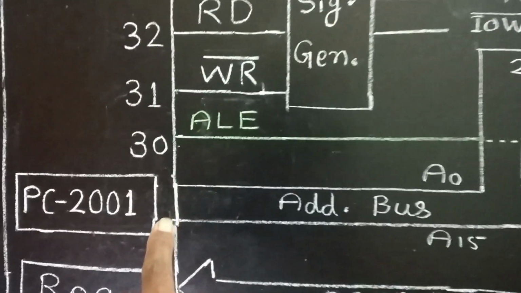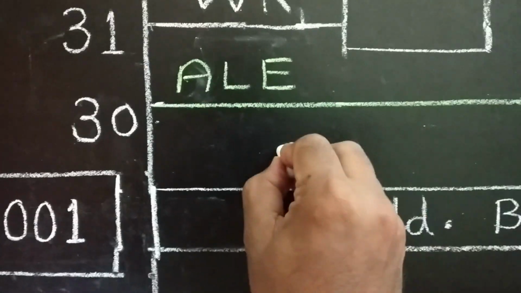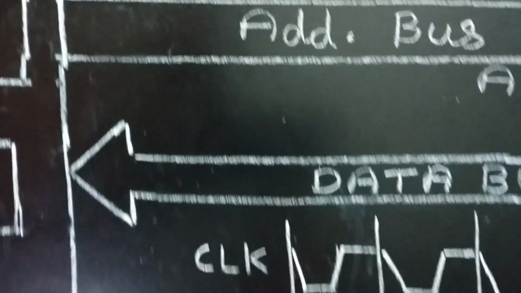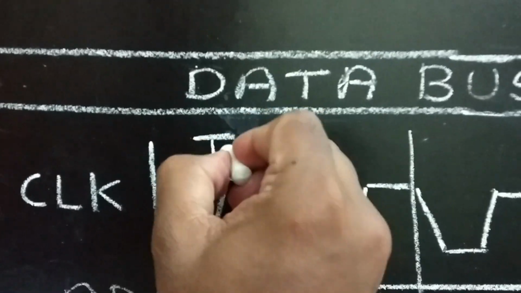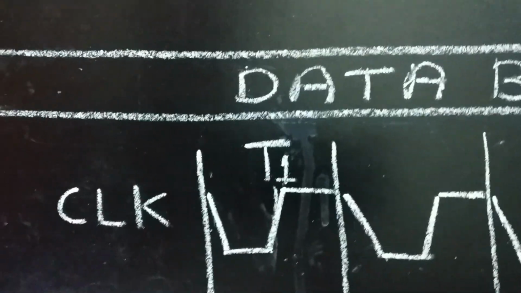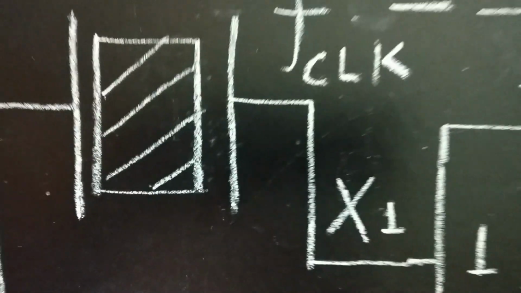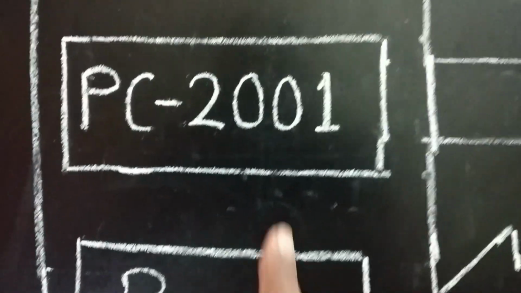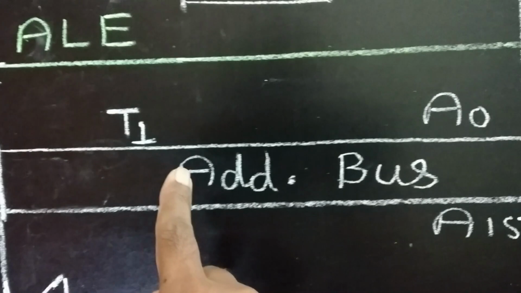So every time at the starting, say at T1 time, that means the T1 cycle of the clock, generated by the clock, the PC will load the address which is 2001.